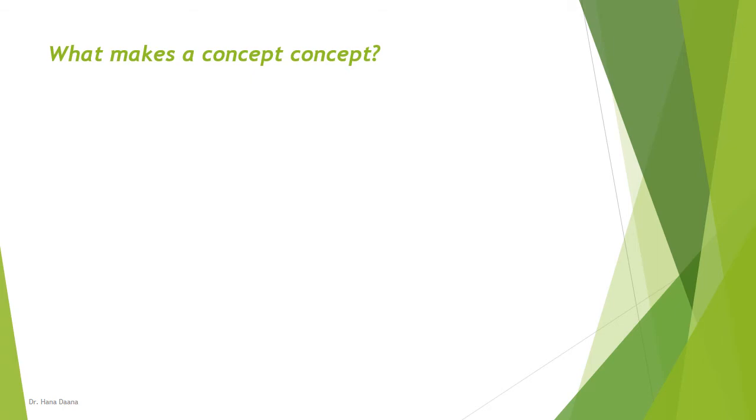Now, let's move to our next point, which is what makes a concept a concept. What makes a dog? What makes a cat? What makes, for example, a chair? Well, a number of features or conditions joined together.